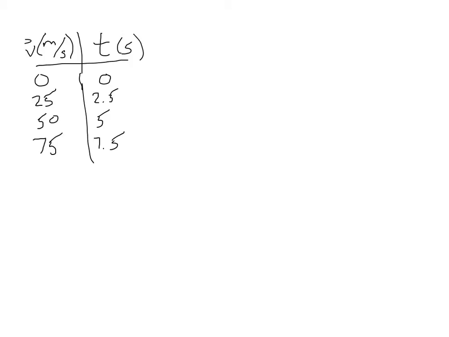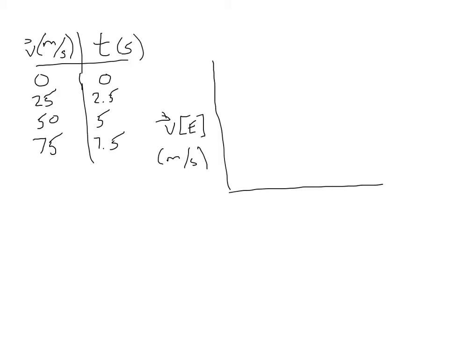So I'm now able, and confidently able, to create a velocity time graph. My velocity, following the same direction as my displacement, was east in meters per second. My time is in seconds, and if I draw this out here, so 0, 2.5 seconds, 5 seconds, and I think it's pretty obvious here, but this is not to scale. 7.5, 10.